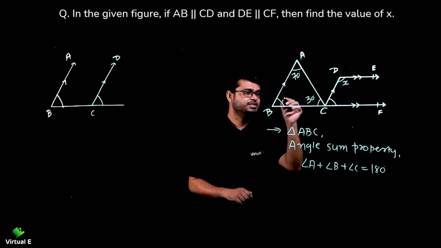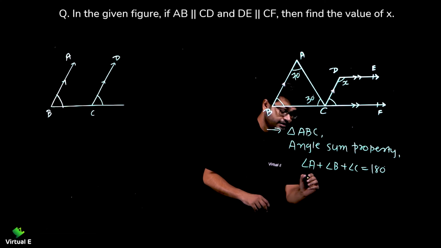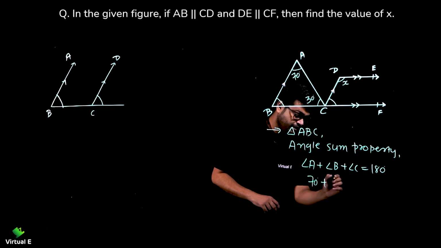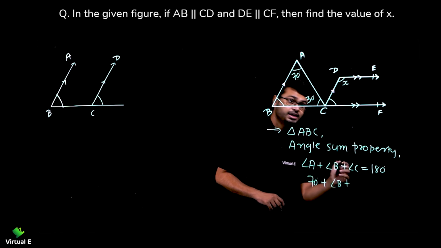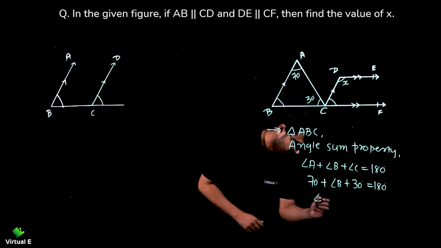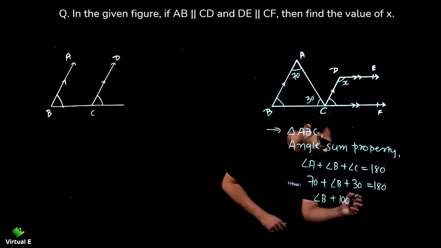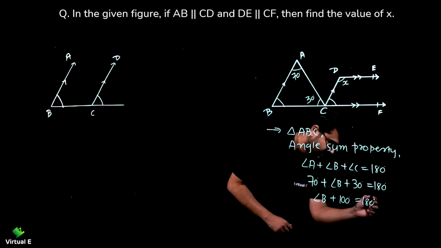Let's say this is the angle B for a while, no worries. So angle A is 70 degrees, angle B is missing, angle C is 30 degrees, is equal to 180. Now let's write here angle B plus 70 and 30 will make 100 degrees, and here 180 as it is.